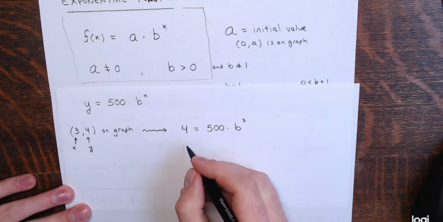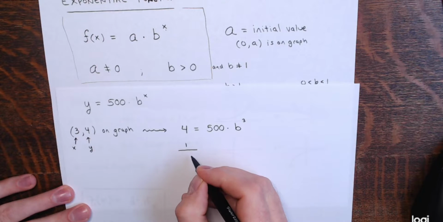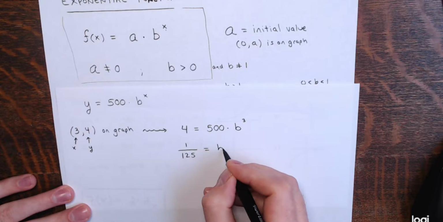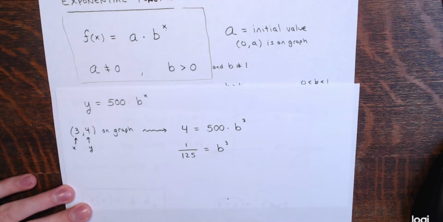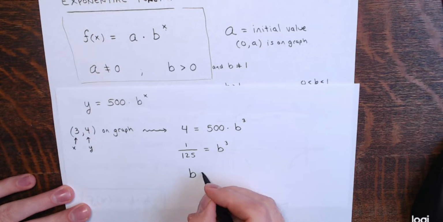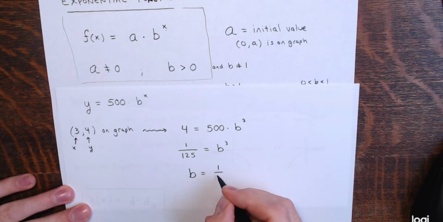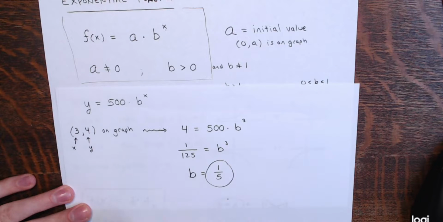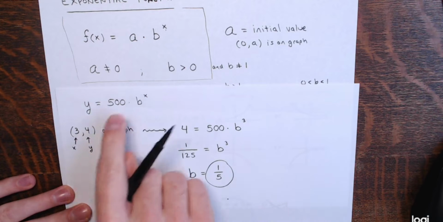Then I divide by 500. That would give me 1 over 125 equals b cubed. And then take the cube root of both sides, right? So b would be 1/5. And that's all they want. What's the value of that base if the point 3, 4 is on that graph?